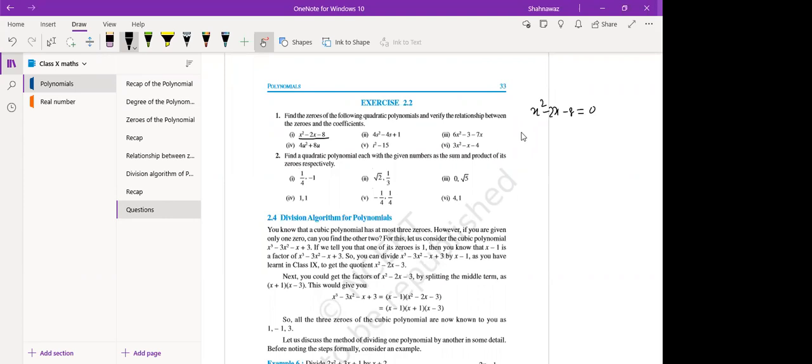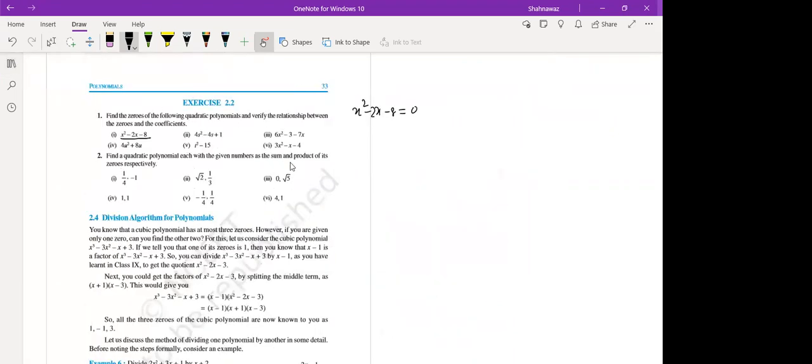Firstly, what we will do is take the factors of 8.